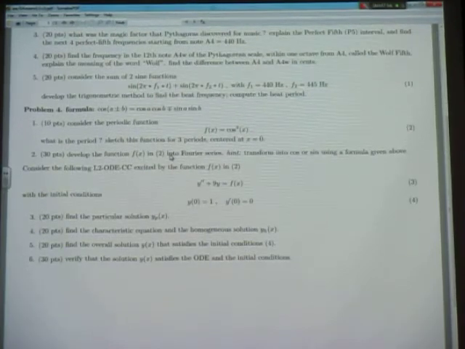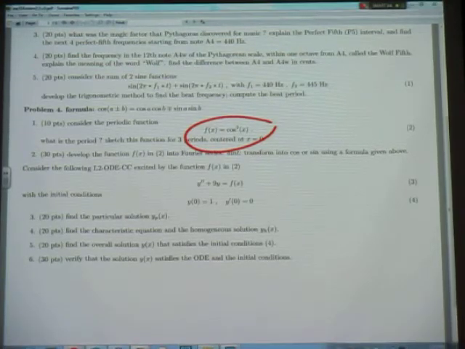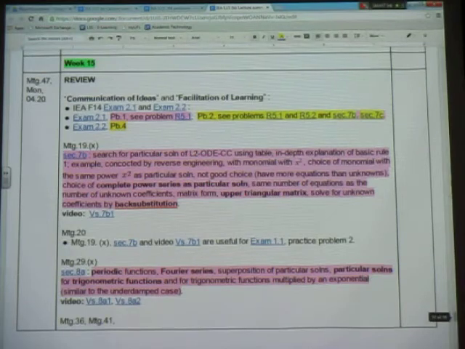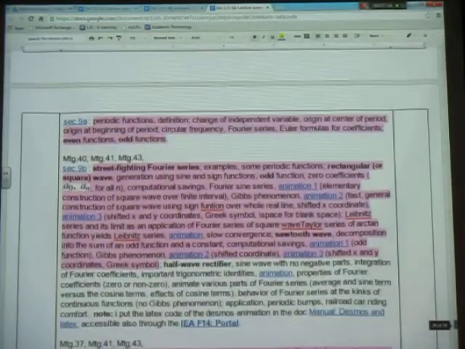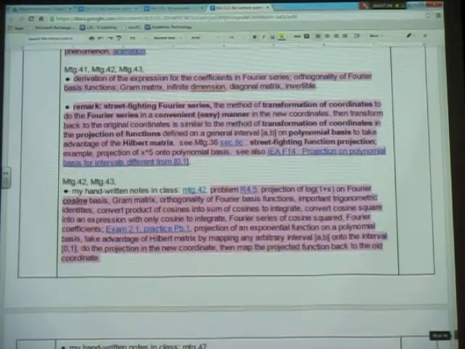So problem 4, I have already showed you how to do this, right? Let's go back here. Problem 4, I think I have written in my handwritten notes that I put here for you.